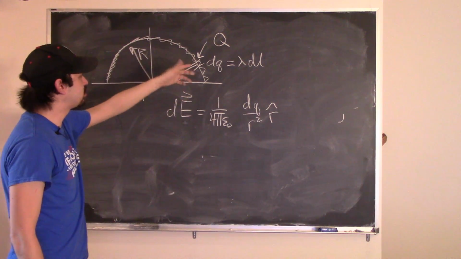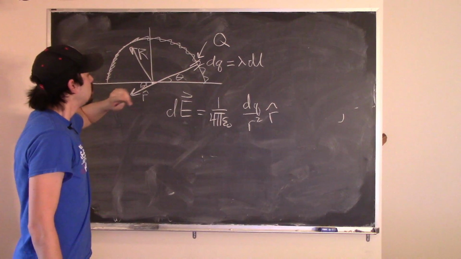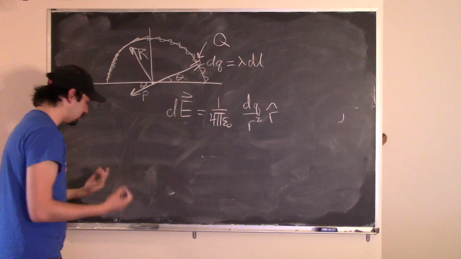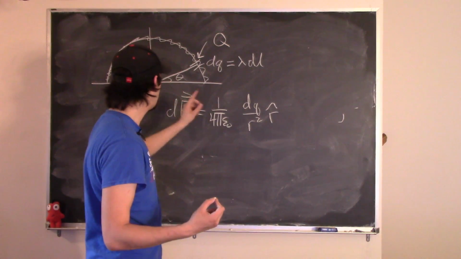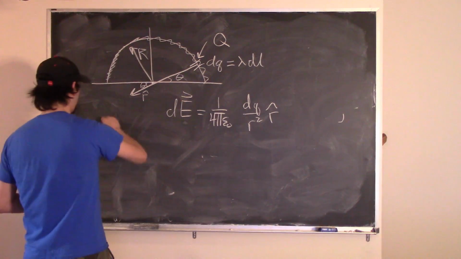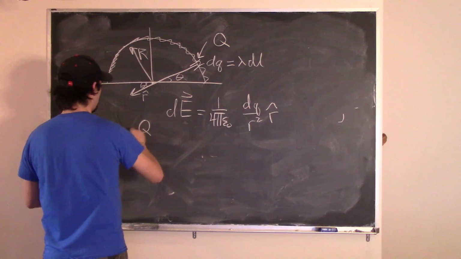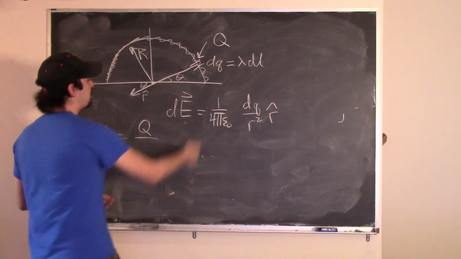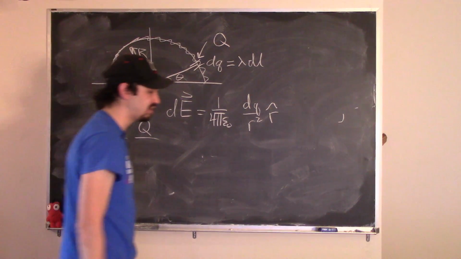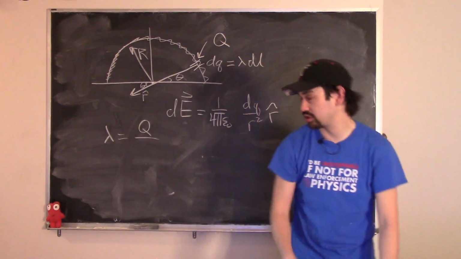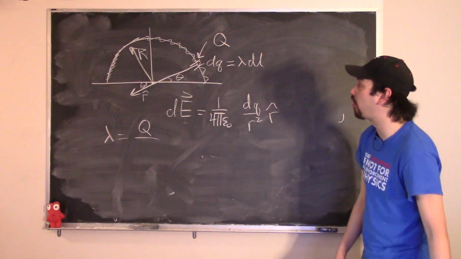So first let's determine what lambda is. Lambda always is some charge per length. So here, what that means is we have some total charge q that's spread over half of the circle, right? A whole circle has a total length, or circumference, of 2 pi r.